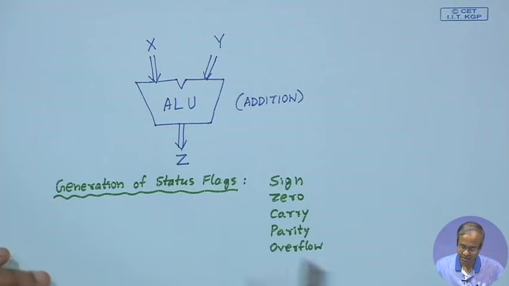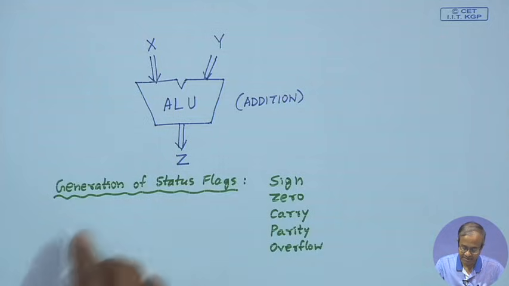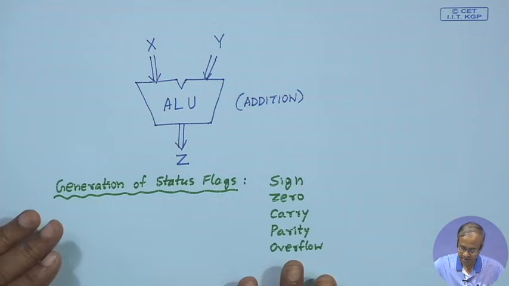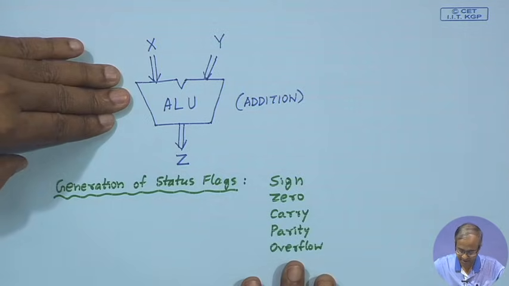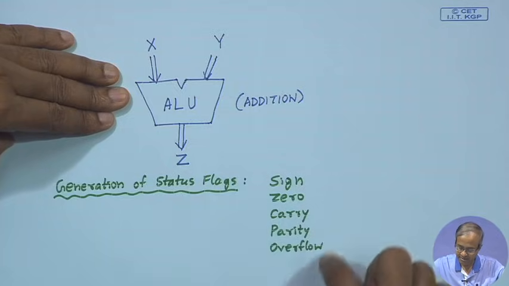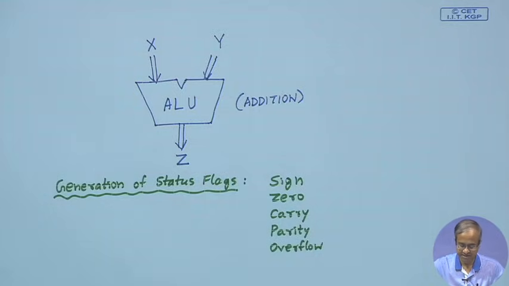The parity flag will tell whether the number of ones in the result is odd or even, and overflow will tell whether after addition the result does not fit, that is, whether there is an overflow or not. So, we shall be looking at the design of an adder with the generation of these 5 status flags.